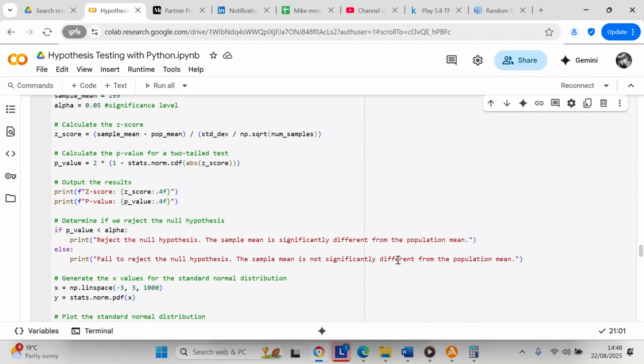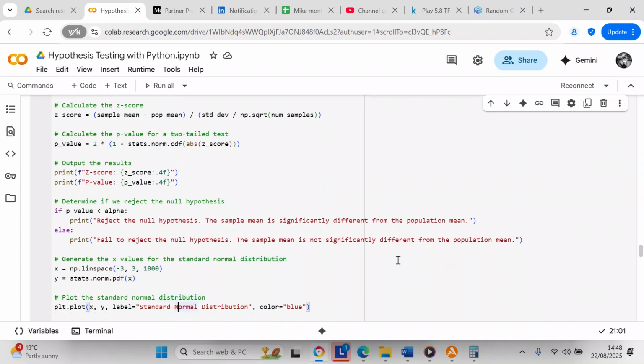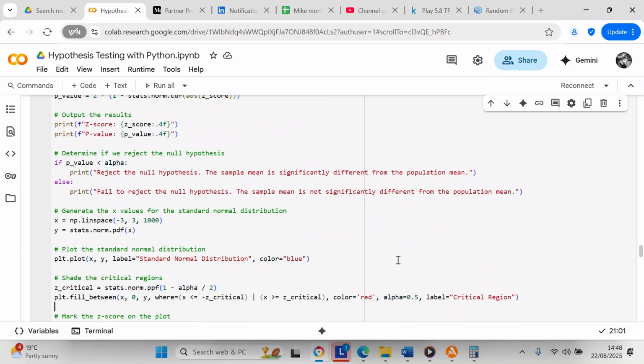Then we're going to visualize the data. We're going to generate x values for the standard normal distribution: x equals np.linspace(-3, 3, 1000). y equals stats.norm.pdf(x), where norm is the normal distribution and PDF is the probability density function.